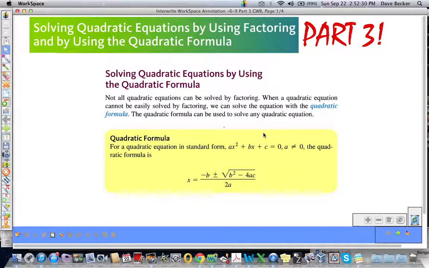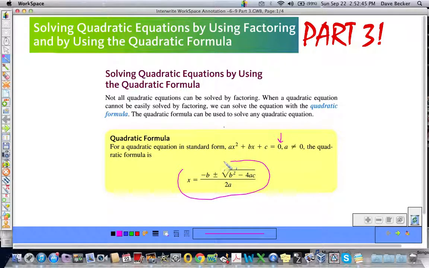So I'm sure you've seen it before. If we are in the form of ax squared plus bx plus c equal to 0, this is very important right here. It must be equal to 0. Then we can use the quadratic formula here to find the values of x which make the equation true.